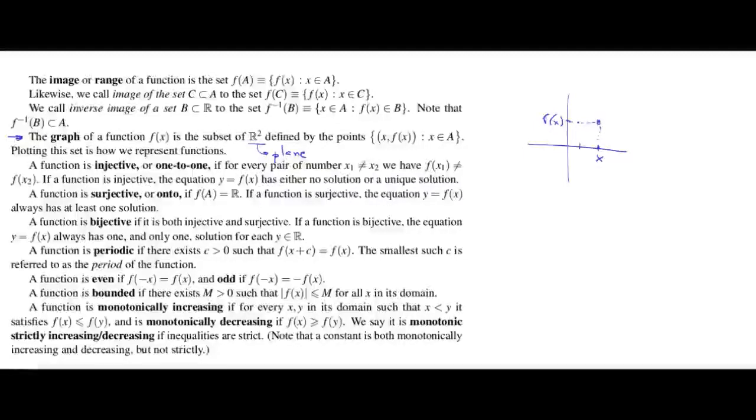This point in the plane, if you use Cartesian coordinates, is the point x, f of x. Well, if you do that for every x in the domain, and you join the dots in a sense, you get the graph of the function. And this is the usual way we use to represent a function.